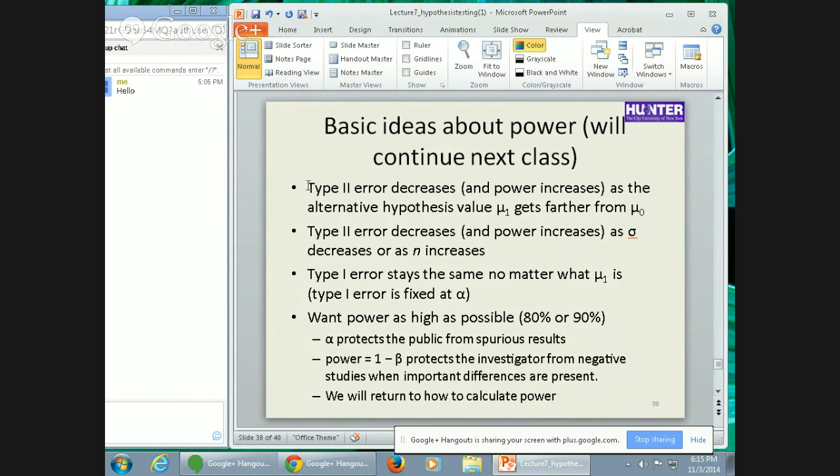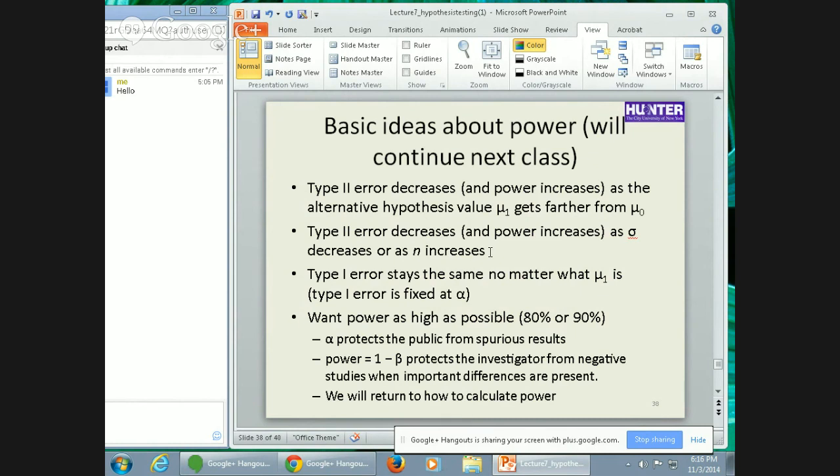So just a few things to keep in mind about all of this. As your type 2 error decreases and correspondingly power increases, that happens either as your alternative hypothesis value is further from the null hypothesis, or as the standard deviation decreases.